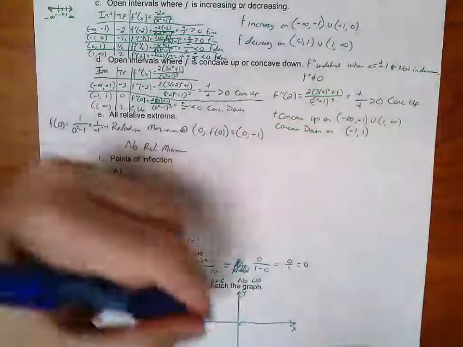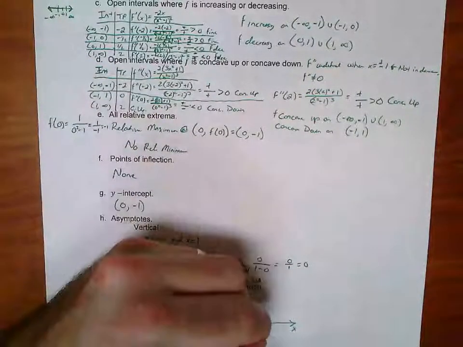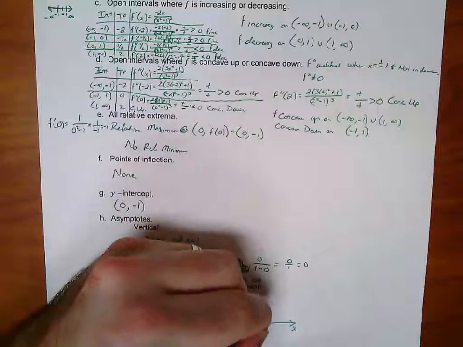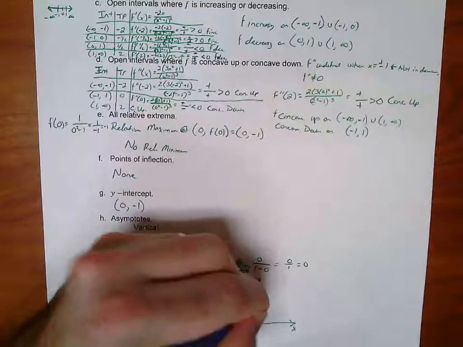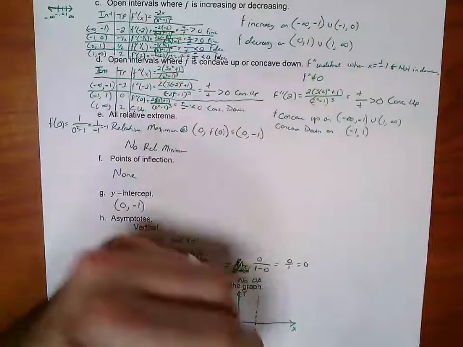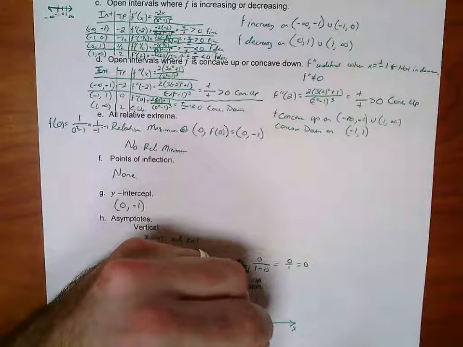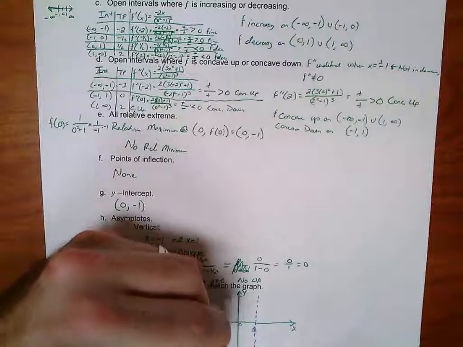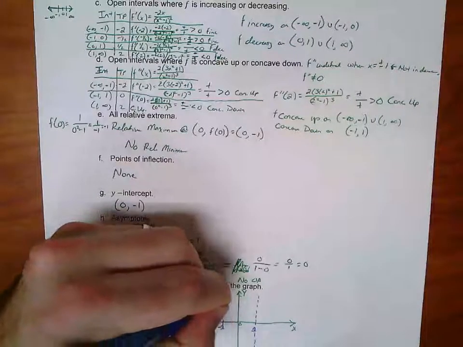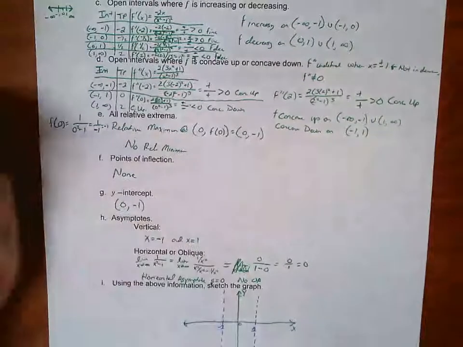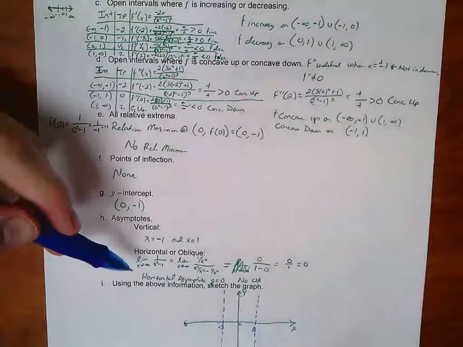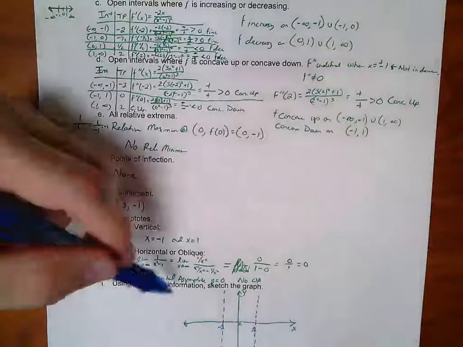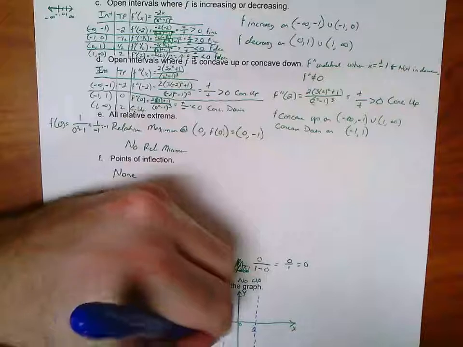So we have a vertical asymptote at x equaling positive 1, and at negative 1. We know we have a horizontal asymptote at the line y equals 0, which is our x-axis.